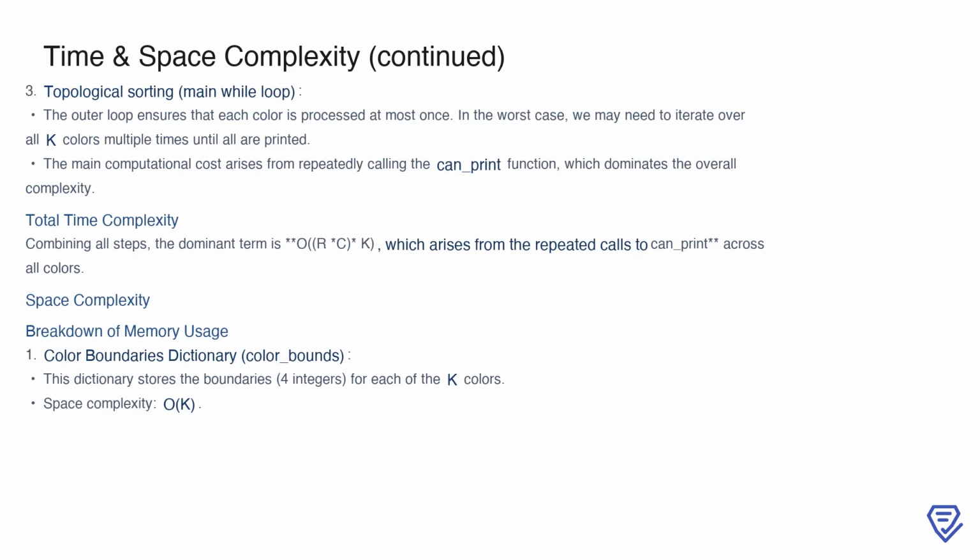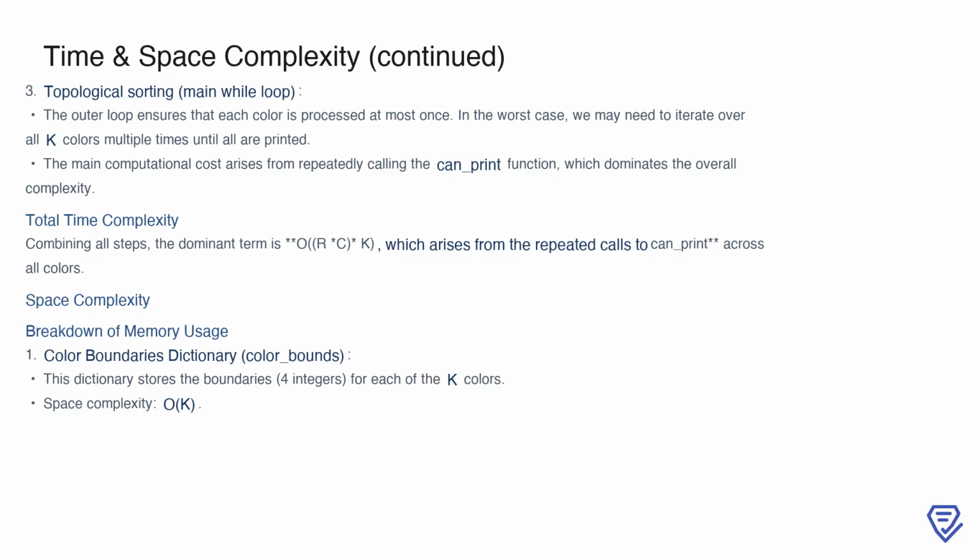The next step to discuss is the topological sorting process, which is the main while loop. The outer loop ensures that each color is processed at most once, but in the worst case, we may need to iterate over all K colors multiple times until every color is successfully printed. The computational cost here is dominated by the repeated calls to the can_print function.